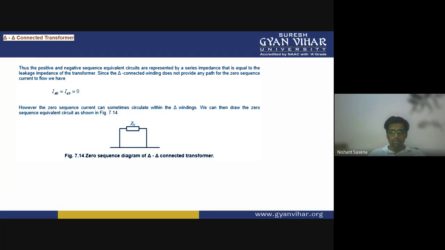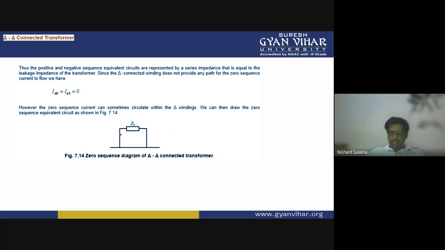There is no zero sequence path for the transformer. Therefore, the zero sequence current can sometimes circulate within the delta windings, and we can redraw the zero sequence circuit as shown in figure 7.14 for a delta-delta connected transformer.